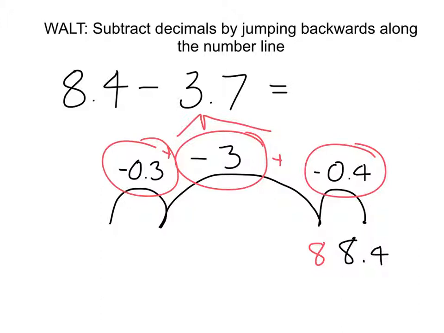So we started at 8.4 and we jump back to 8, and then minus 3, we're back to 5, and then minus 0.3 gives us 4.7. So our answer to the question 8.4 take away 3.7 is 4.7.